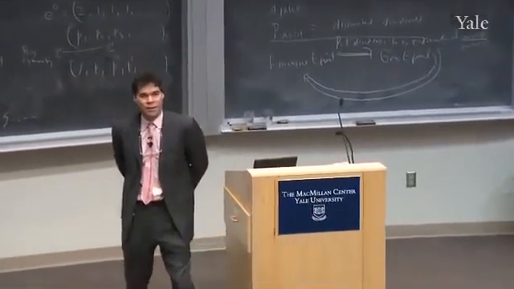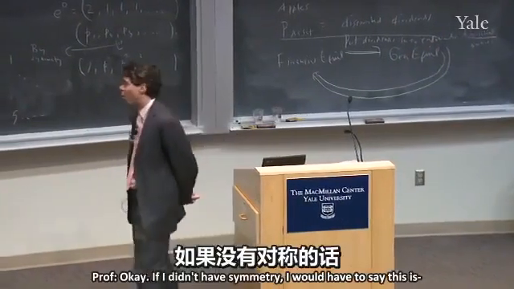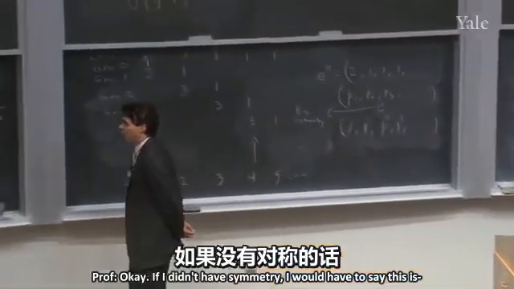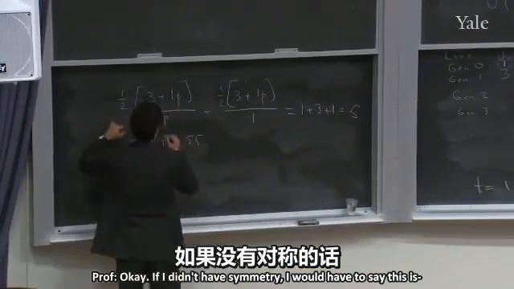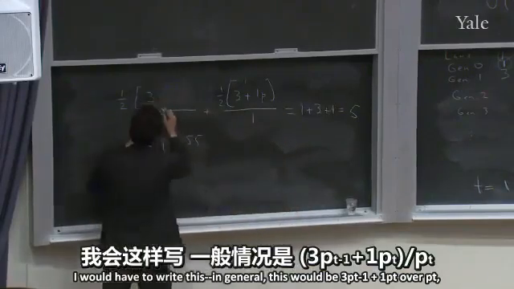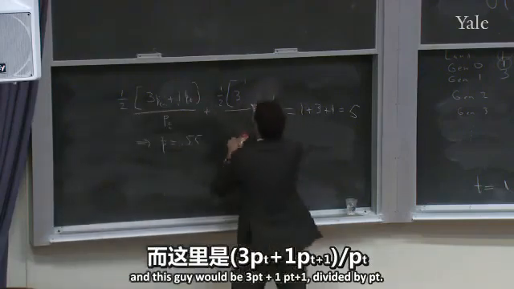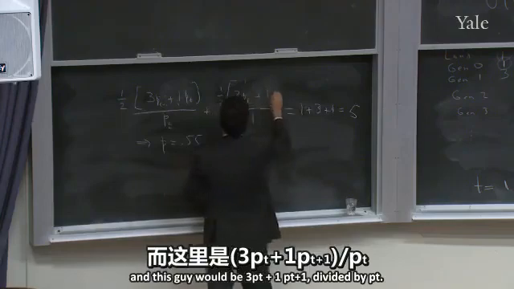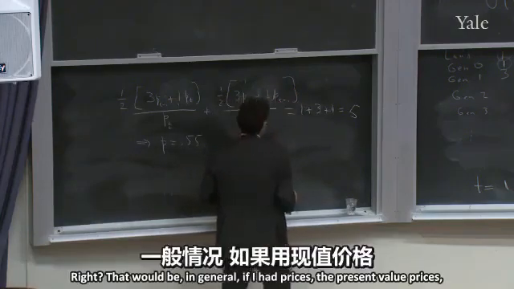Yes? Can you just repeat quickly how the symmetry works? Okay. If I didn't have symmetry, I would have to write this, in general, as 3 pt minus 1 plus 1 pt over pt, and this guy would be 3 pt plus 1 pt plus 1 divided by pt.